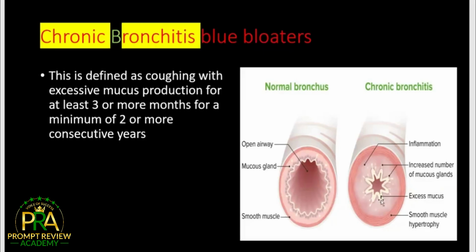Then there is excess mucus. When there is excess mucus, that is why in COPD you always hear about sputum production. So it covers the whole thing. The air is not able to go in freely. That is bronchitis.